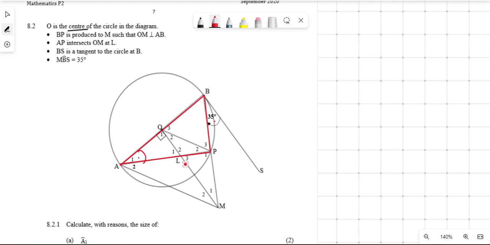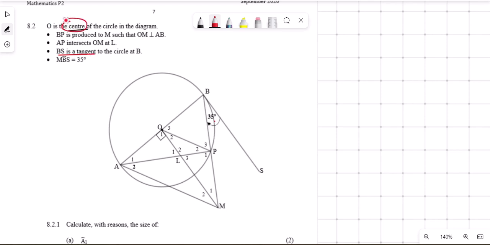Do we have theorem 8? No. Theorem 8 is tangent from the same point. We don't have it. So the tangent there tells me that I need to remember theorem 7, 8, 9. One of them will fall there.